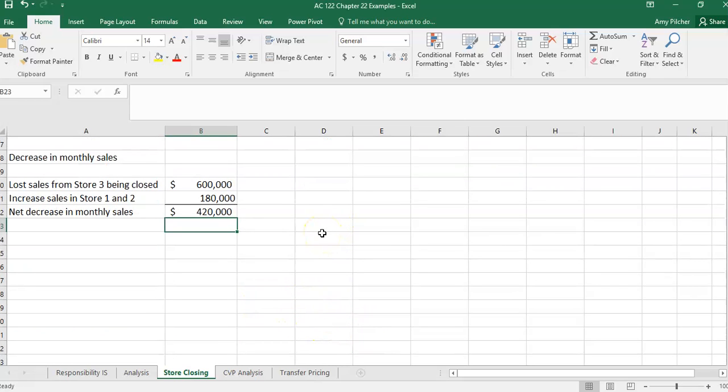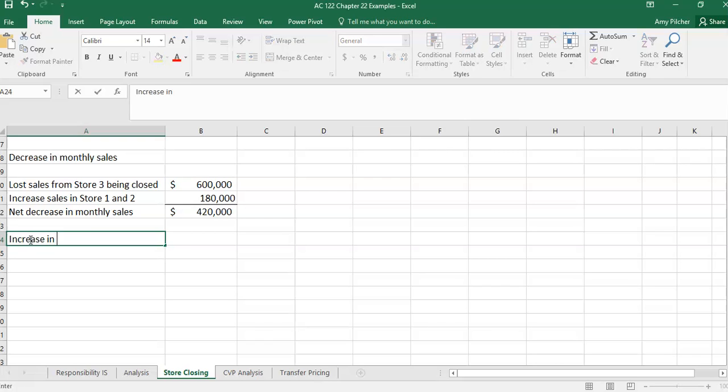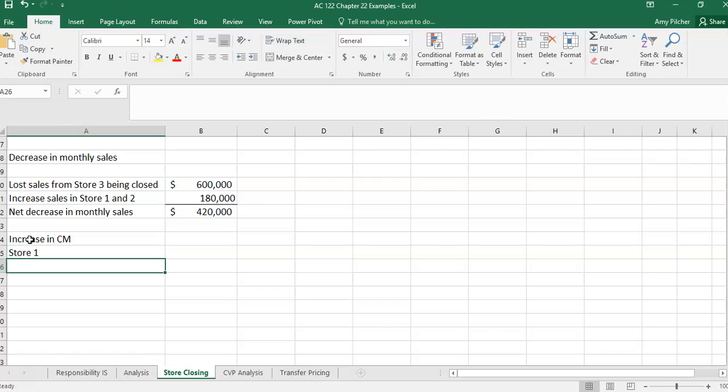That doesn't necessarily mean lost income, though. So now we want to look at any increase in contribution margin at those other two stores. We're going to have an increase in contribution margin at store 1 and store 2.